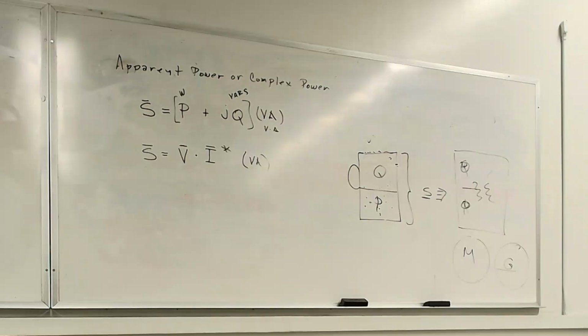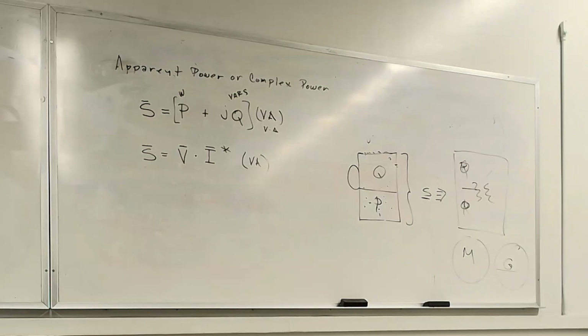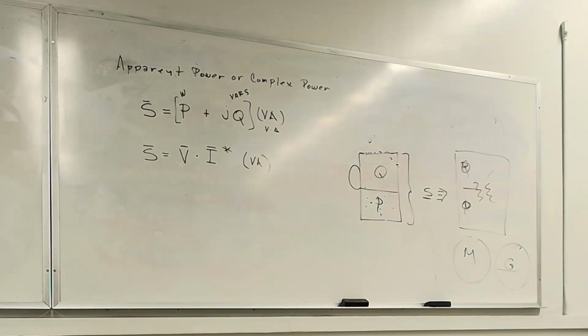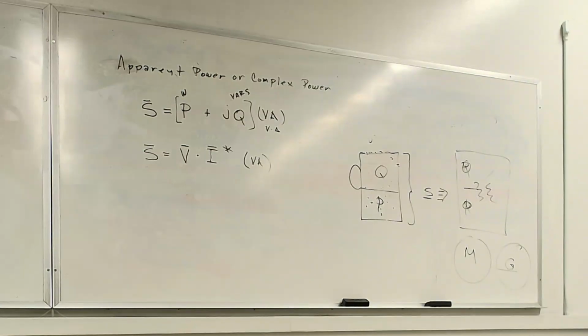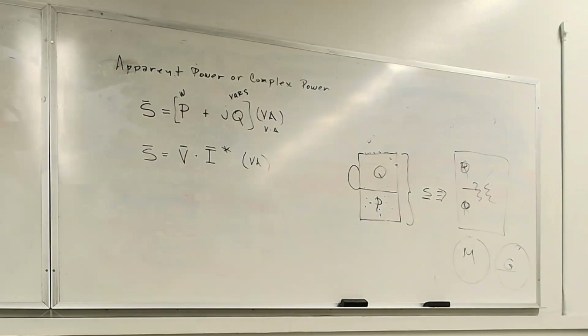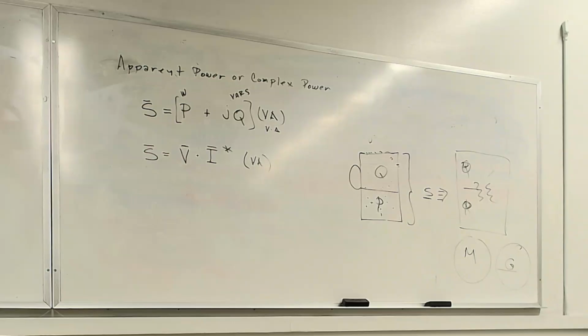When you say MVA, what is that for? Oh, I'm sorry, mega. By the way, some of the problems that we're going to be doing, the ones I'm giving you now, are usually watts, bars, and volt amperes. In reality, for us power engineers, we talk kilowatts, kilobars, and kVA, and that's mostly for industrial and commercial power systems.